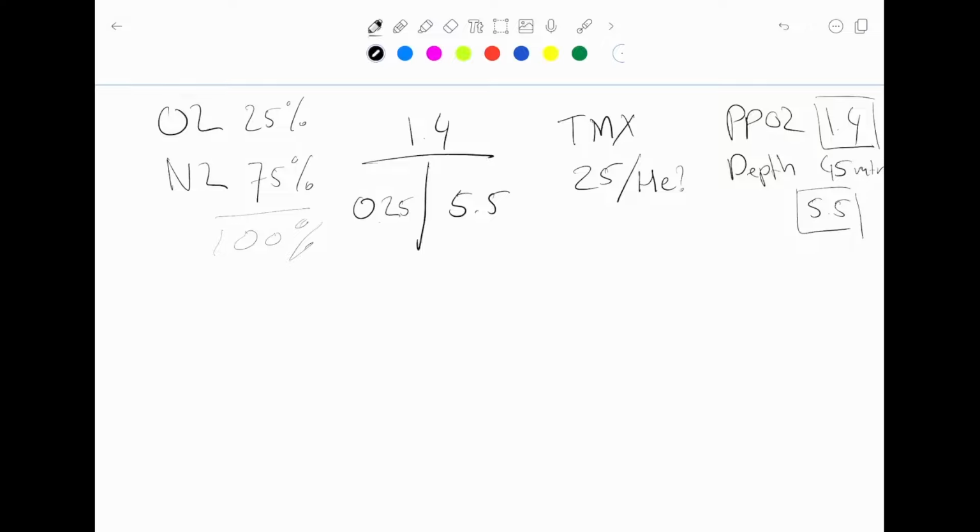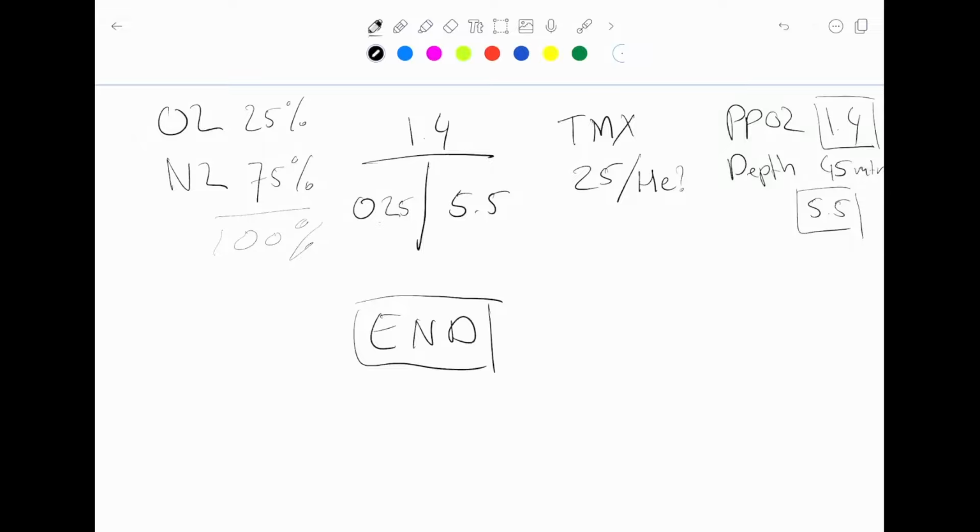Before we start calculating, we need to know one more piece of information. We want to understand how we feel at a certain depth, and by doing so, we want to look at the equivalent narcotic depth. You might have heard about this before. Basically, it's the depth to which we could dive on air and still feel perfectly fine, or where we start feeling narc.